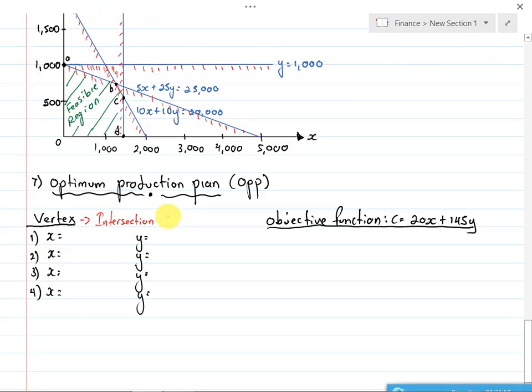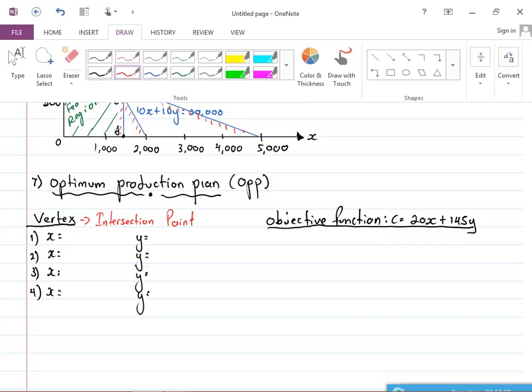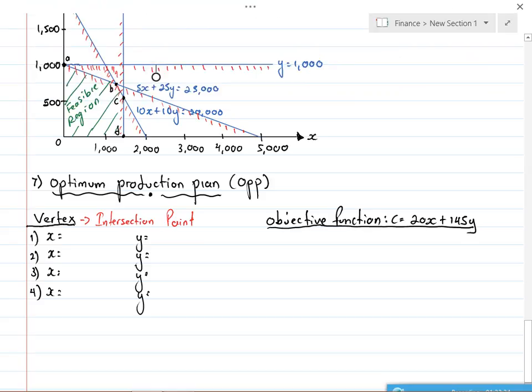That's called vertex. Sorry, I put it as 1, 2, 3, 4. It's easy to put it as A, B, C, D.